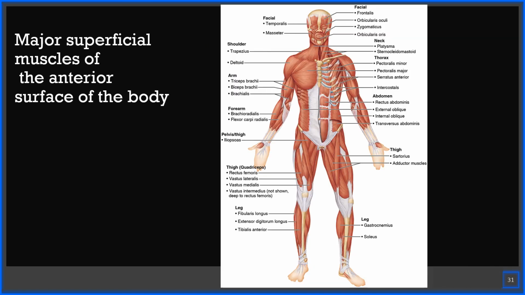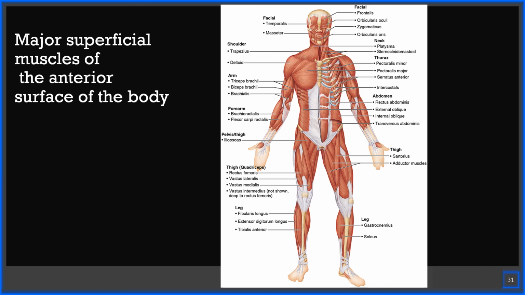So this image and the image on the following slide are going to show you the most superficial muscles of the anterior surface of the body and the posterior surface of the body. In your text in table 6.3, it'll have the muscles themselves listed, their origin, their insertion, and their primary actions. In your coloring book on pages 125 and 127, it presents you with a similar figure where you go and label these things.